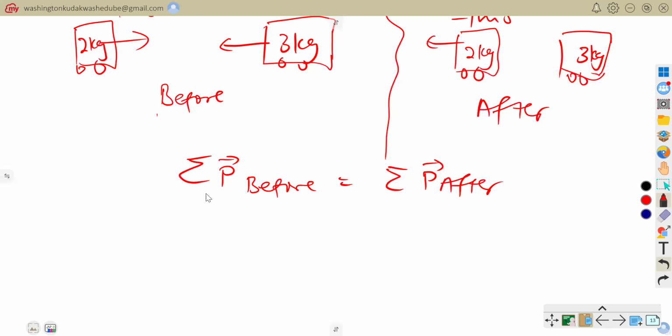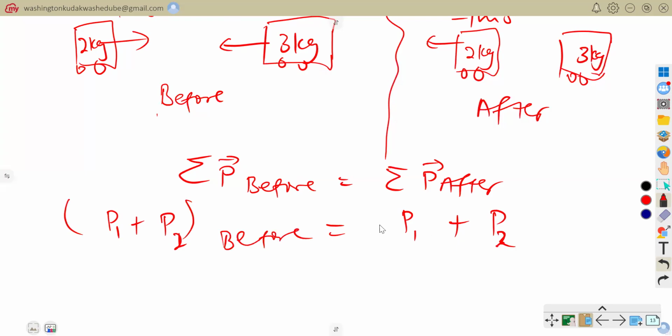Therefore, what is my momentum before? That is the momentum of this 2 kg block plus the momentum of the 3 kg block, being equal to the momentum of the 2 kg block plus the momentum of the 3 kg block, after.